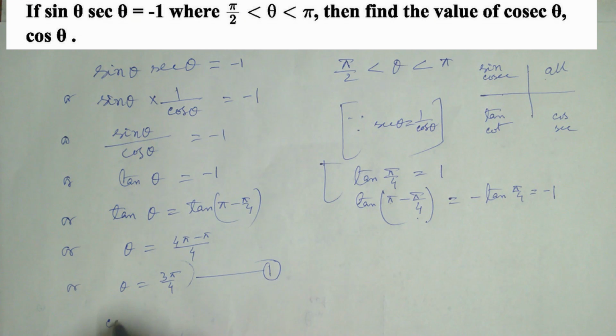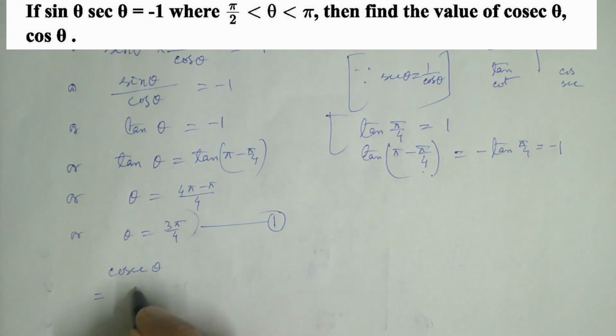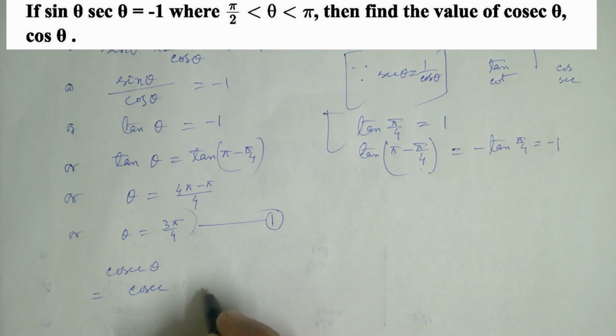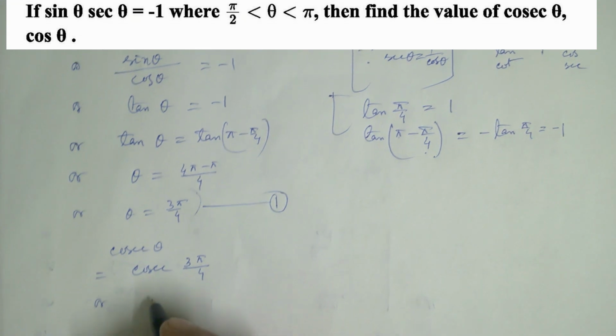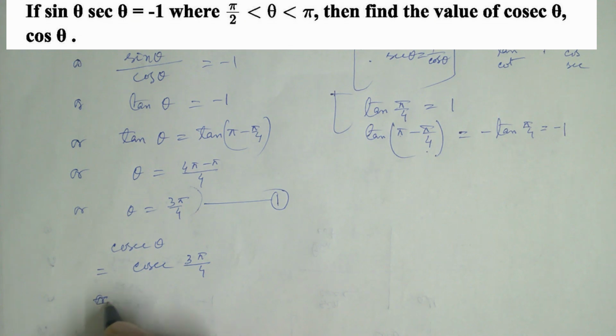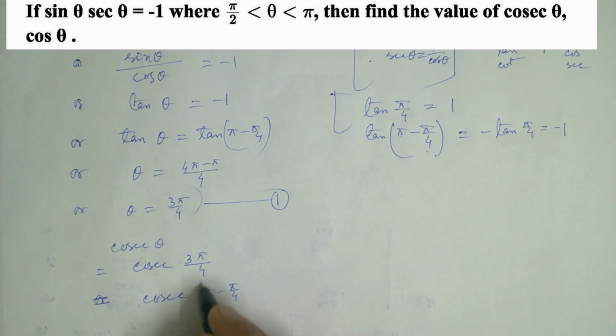Writing simply cosec theta, that is equal to cosec of theta, and we have got the value of theta is equal to 3 pi by 4, so cosec pi minus pi by 4.